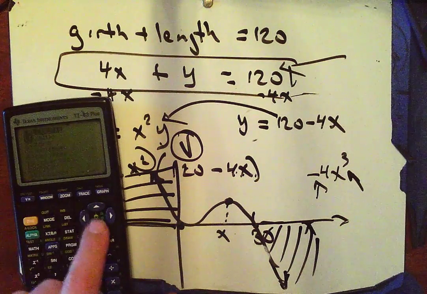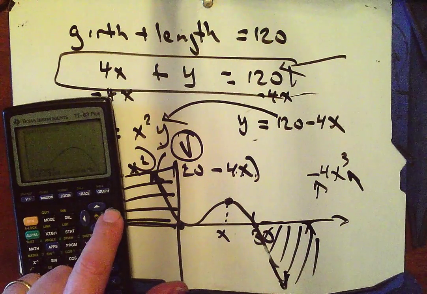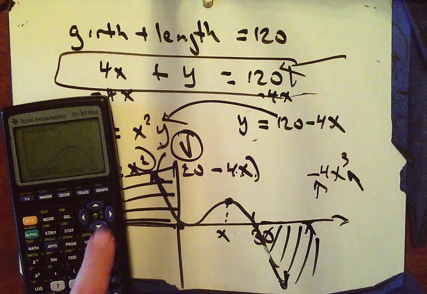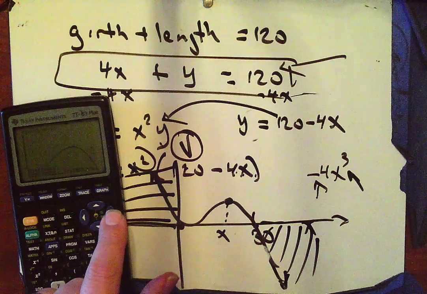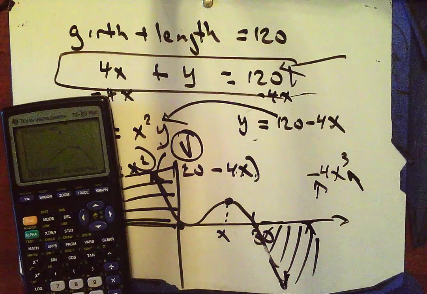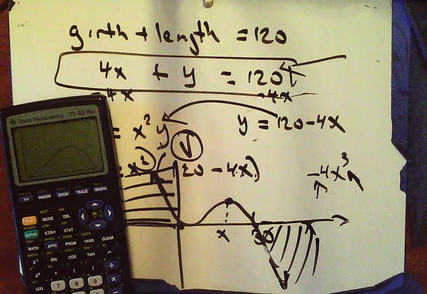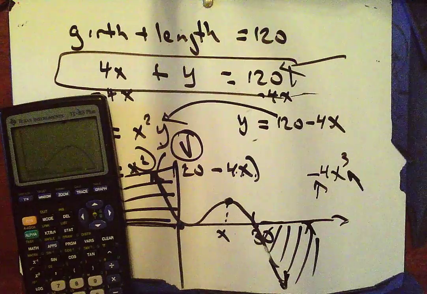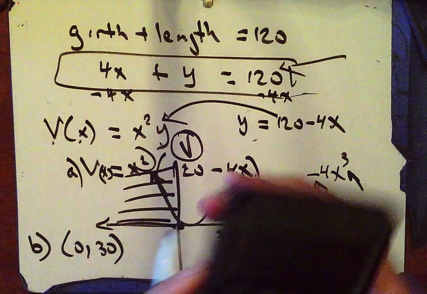And second, calculate maximum. Okay, I want to be on the left side of the vertex, hit enter. I want to be on the right side of the vertex, hit enter. No, I do not want to guess, so I hit enter. And I end up with, yeah, I can't actually read that.